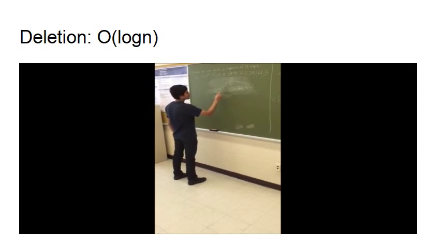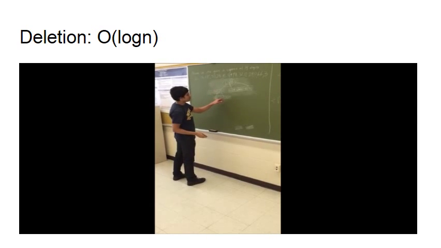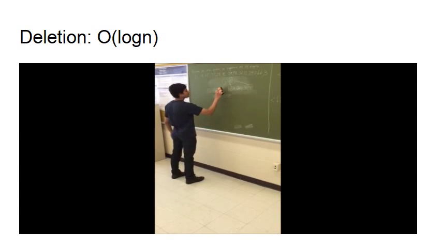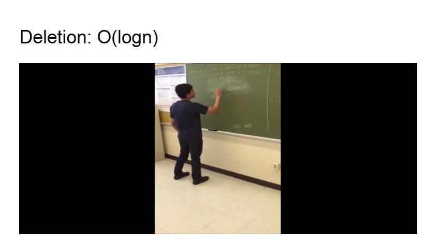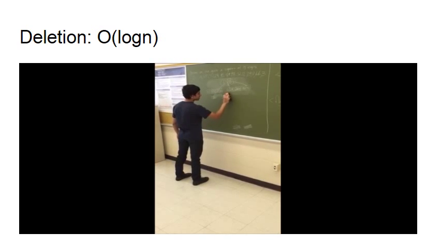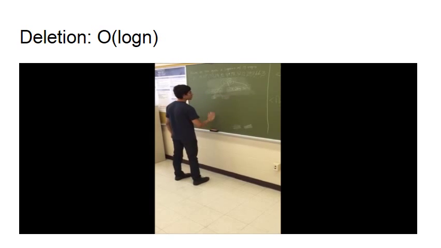In the case of 21, we see that its predecessor is in its left subtree, so we choose to delete 21 and instead replace it with 20. You can see that in this fashion, the order of the keys is maintained.